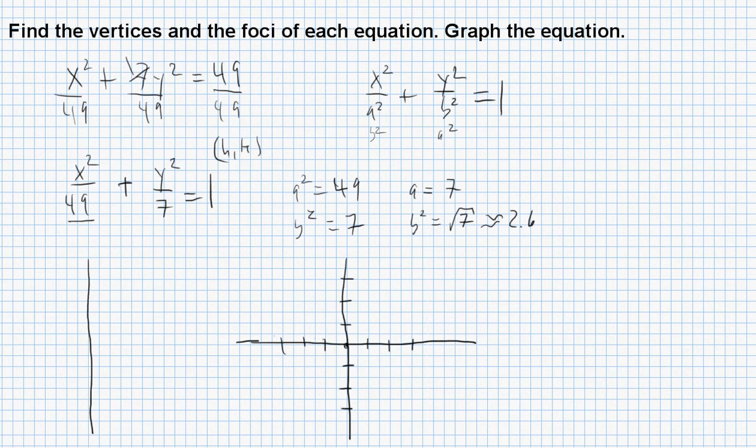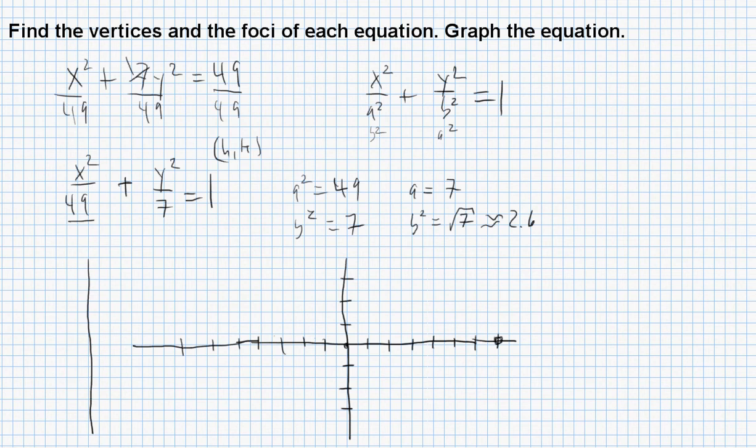And we can see that, like I said, it's horizontally oriented. So we're going to go 1, 2, 3, 4, 5, 6, 7 in the horizontal direction, and then over here, 1, 2, 3, 4, 5, 6, 7 in the other horizontal direction.